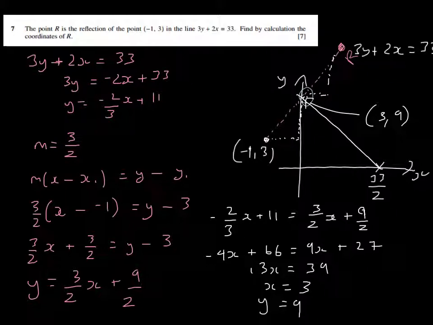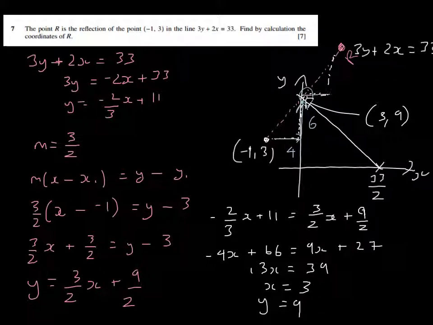Cool. So now we know that point, we can use a translation vector to get point R. How that works is we go back to this diagram here and look at how far across it moves from negative 1 to get to 3. Well, it moves across by 4. And how far up does it move to get from 3 to 9? It moves up by 6.